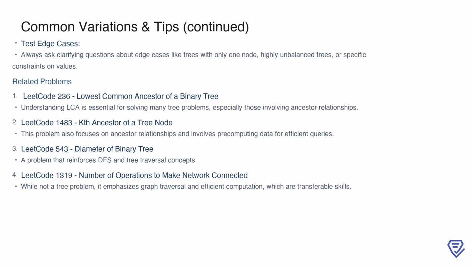LeetCode 543, which involves calculating the diameter of a binary tree, strengthens your grasp of DFS and tree traversal. Finally, even though LeetCode 1319 is not a tree problem, its focus on graph traversal and efficient computation can improve your problem-solving skills, as both tree and graph problems often share similar concepts and techniques.